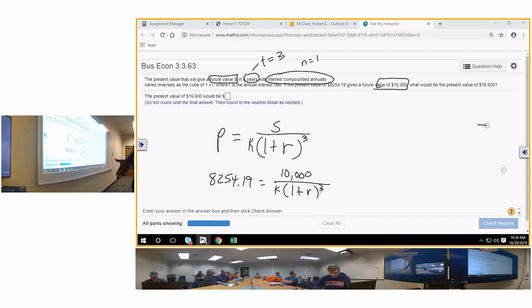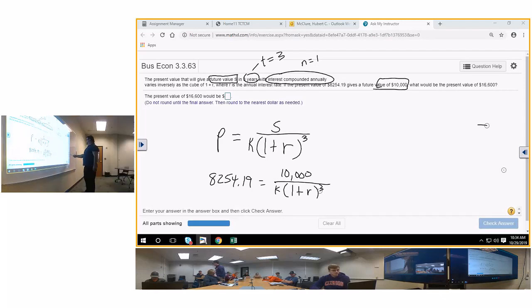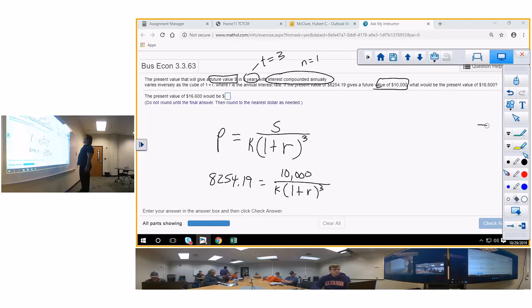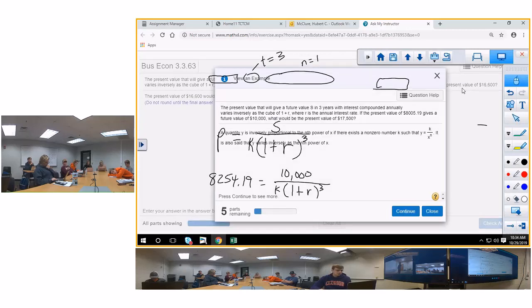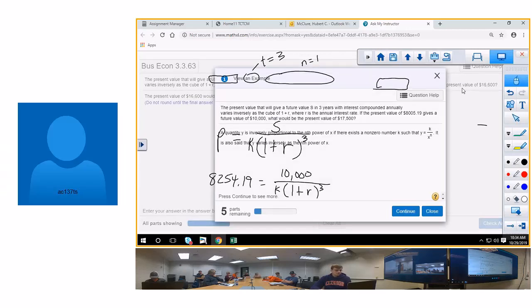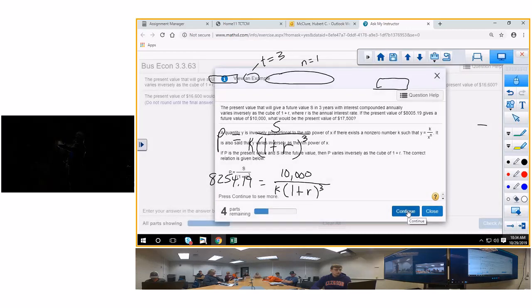They don't give you an annual interest rate. Varies inversely. What would be the present value? Okay, I must be missing something here. K, S, do I have that?